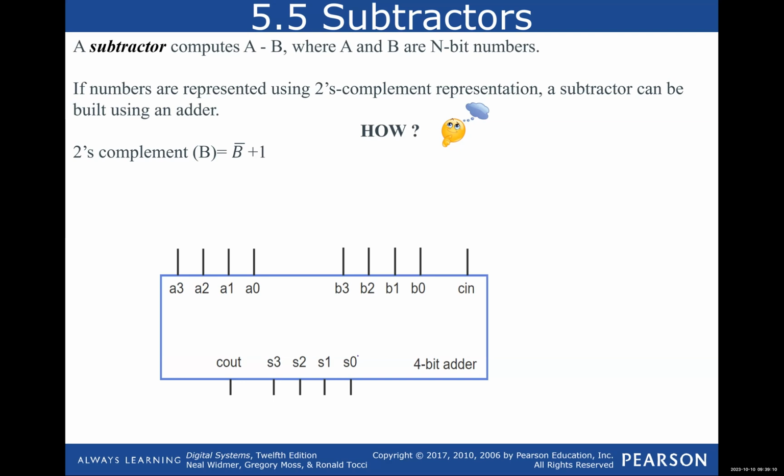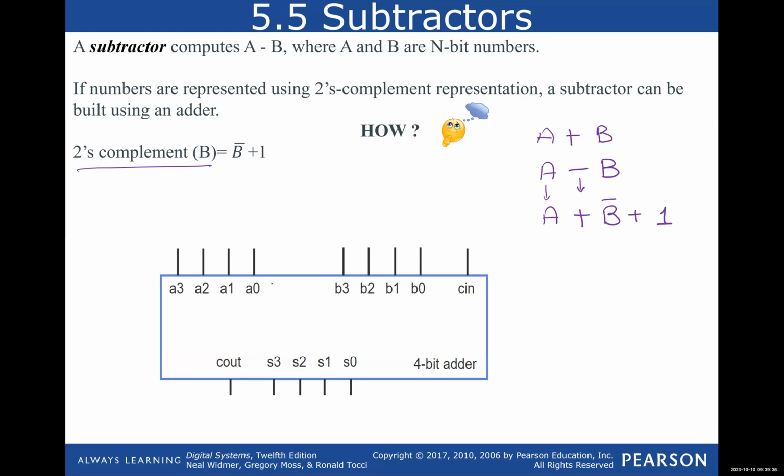Okay, so let's take a look here. Let's pay attention. When I say A plus B, I know that A plus B. Now, when I say A minus B, I take the A as is, I turn the negative sign to a positive sign, and then I find the two's complement of the B. The two's complement of the B is just B complement plus 1.